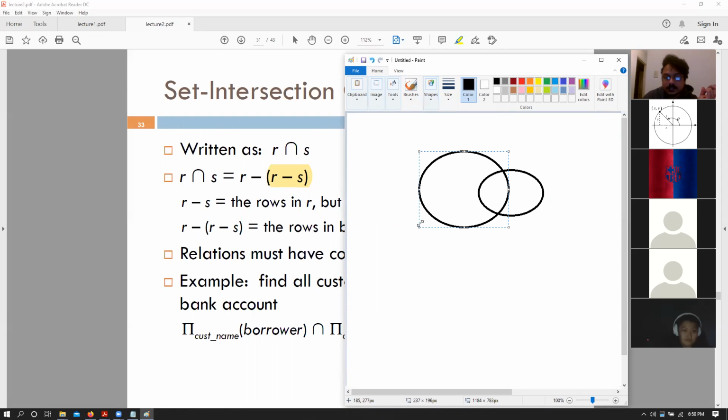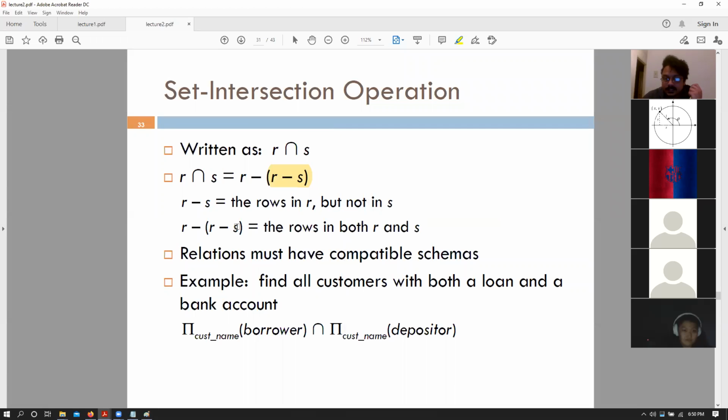One is R, one is S. We get R minus S, which gives us the list of these tuples. And we perform R minus of this set of tuples, which gets us these tuples, right? R minus of the red part gives us the yellow part, right? Okay. So that is how we get set intersection operations.